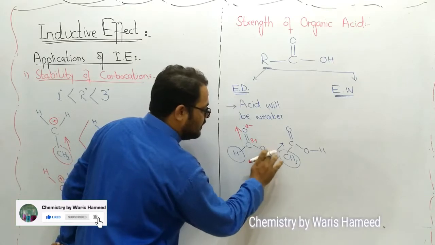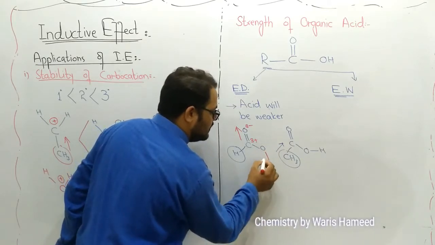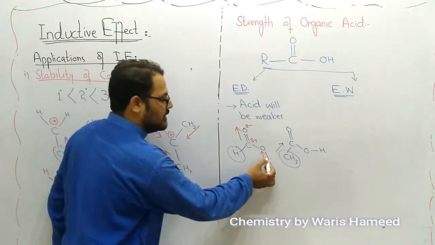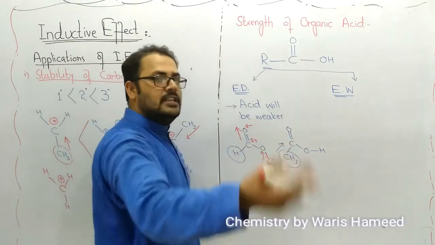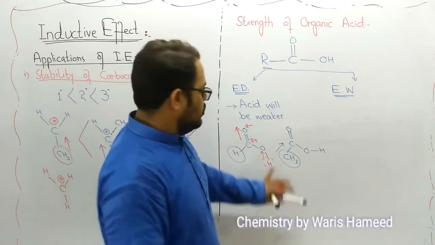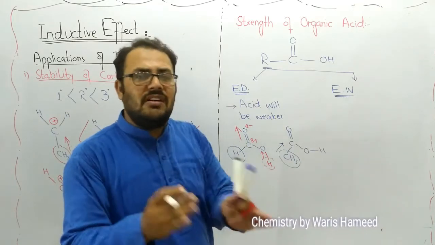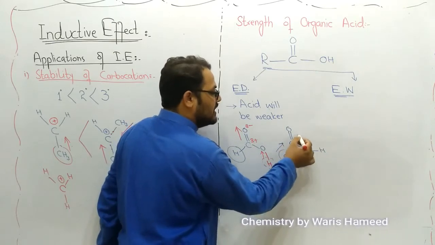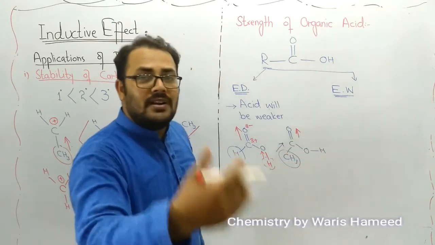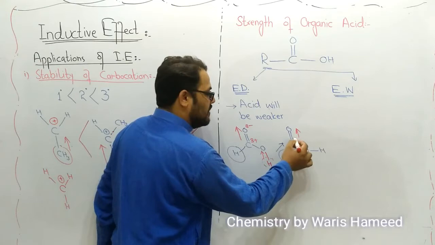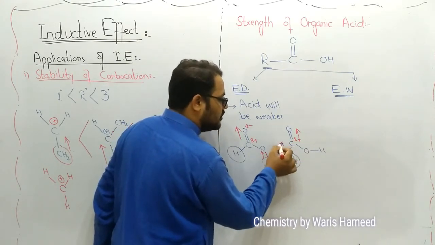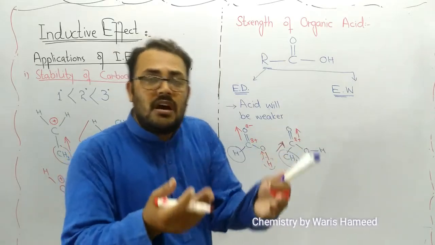And these electrons come toward this oxygen, and this hydrogen is readily available and can easily be lost in the medium. So formic acid is a stronger acid than acetic acid. In this case, if electronic density is attracted toward oxygen, this carbon becomes partial positive, but this methyl group also gives electronic density to the carbon atom.